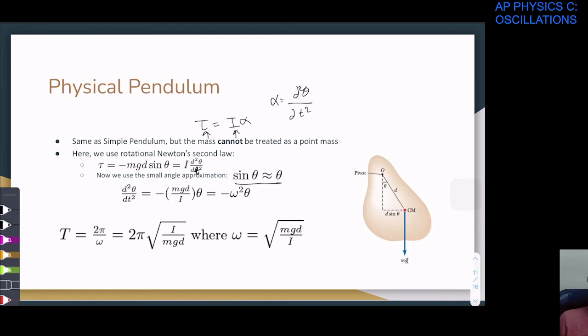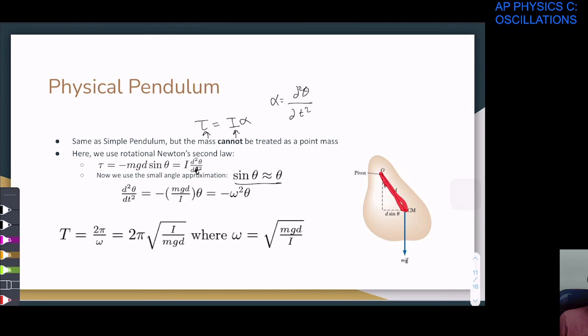So what is the torque that's being applied? Well, the torque is basically gravity, right? Because we just have this object here, and we're going to displace it slightly, and we're going to have a force that acts on the center of mass, which is equal to mg in magnitude, and it's going to be a distance d away from the pivot.